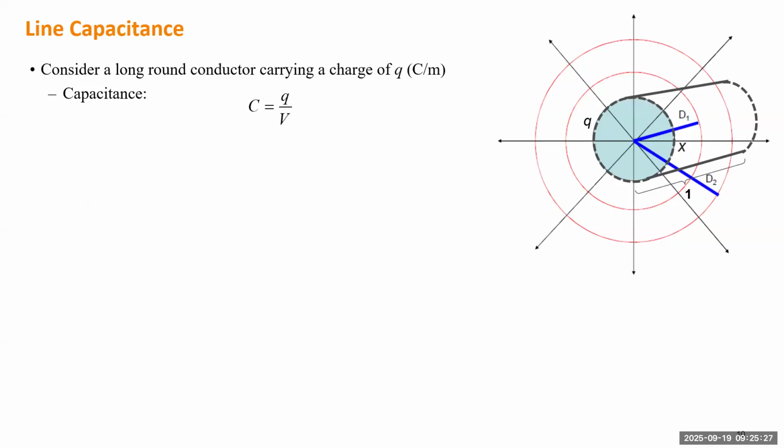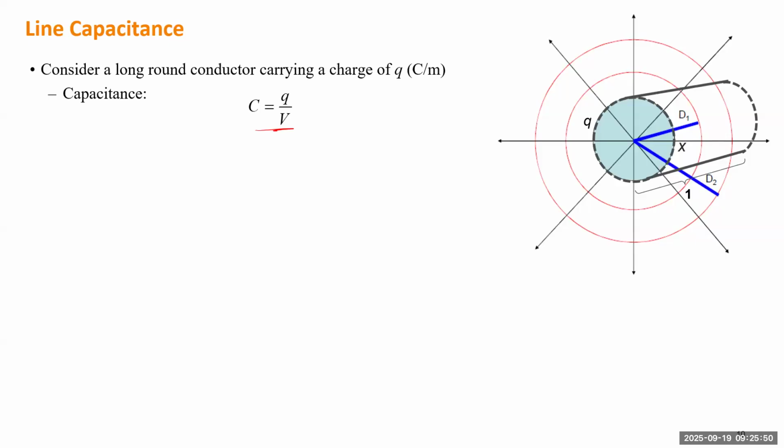So it basically takes the same approach, but as I explained, capacitance is defined as the charge divided by the voltage, right? But there's one key difference between the electric field and the magnetic field.